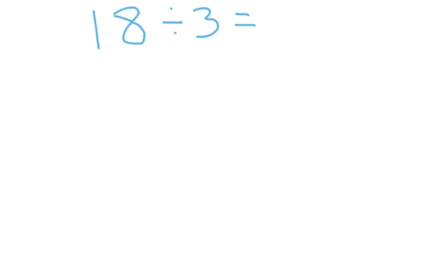Okay, so what you should have in front of you is your 18 counters, and hopefully we put them in even groups of 3. I'm going to put them into even groups of 3. So I've got 1, 2, 3, 4, 5, 6, 7, 8, 9, 10, 11, 12, 13, 14, 15, 16, 17, 18. I've just made even groups of 3, and now I want to see how many groups I've made, because remember, division is things that come in groups, and that's the inverse of multiplication.